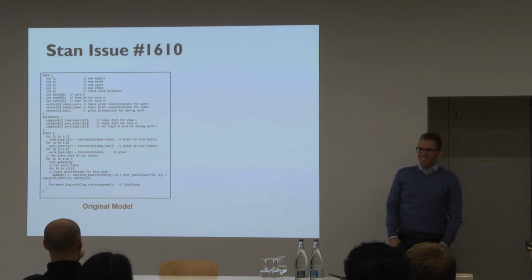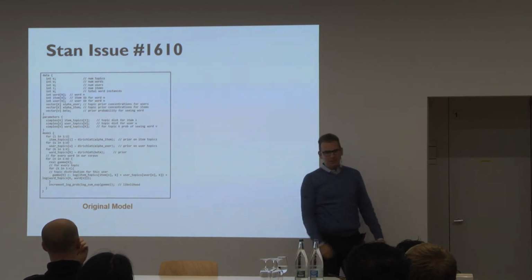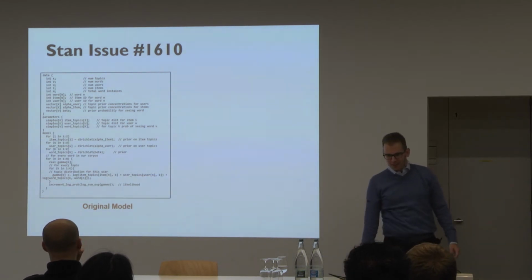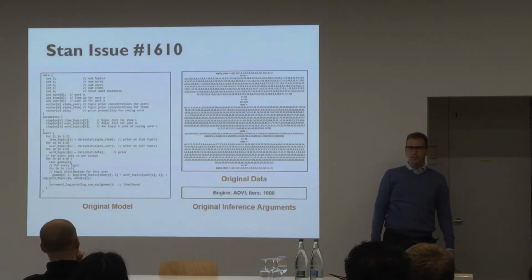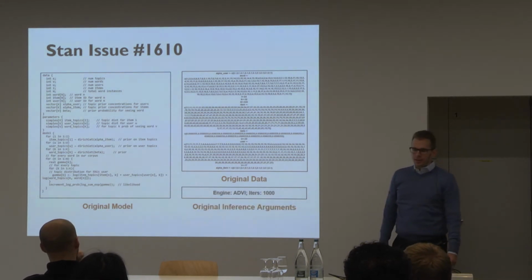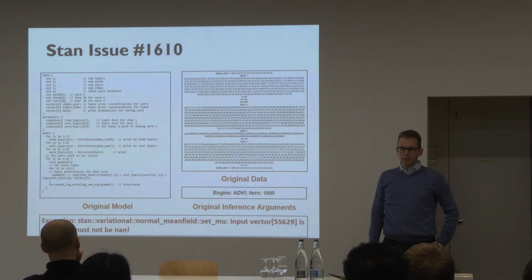Exactly. However, there are quite some lines of code, this is not a trivial model, and also there is some data. The user also reported what engine it used inside Stan. This was a variational engine, and how many iterations they tried. They wanted to get a result, and all they got was a very helpful error message.